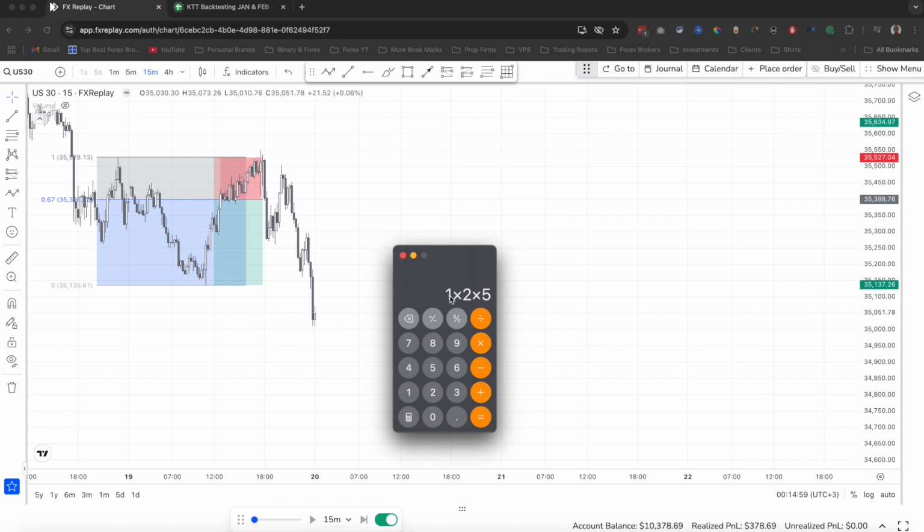You risk 1 and get 2 if you win, but you risk 1 and lose 1 if you lose, right? So we have $5 plus, because this will be 10 minus 5, which is 5, right?